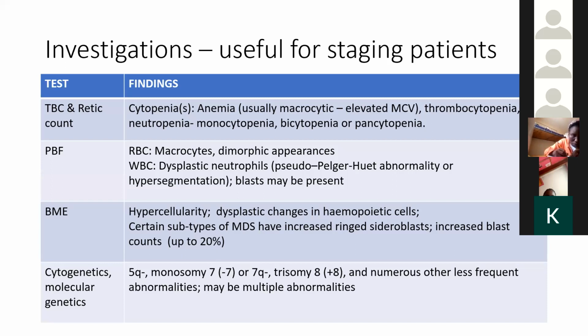Remember, there are many other conditions that can give you macrocytosis. Therefore, if you find these cytogenetic abnormalities, then you know, yes, this is definitely myelodysplastic syndrome. We mentioned some of these when we were talking about the cytogenetic or molecular genetic abnormalities that we see in myelodysplastic syndrome.